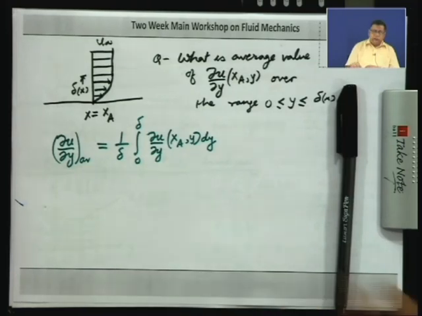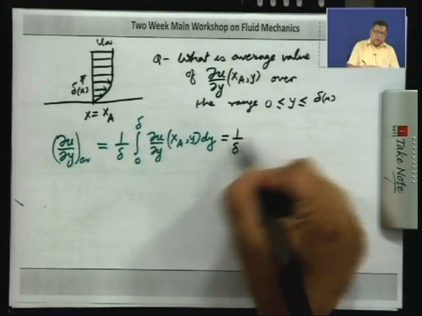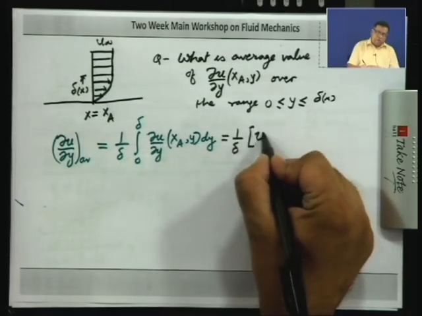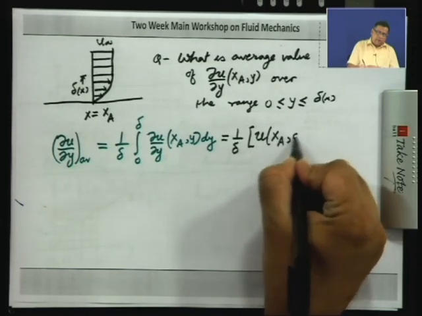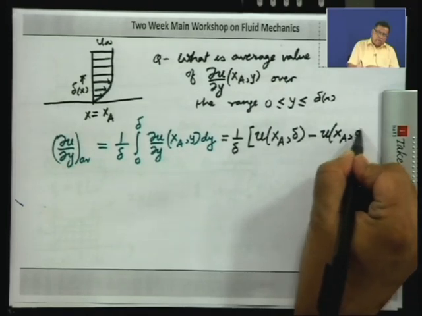Now, this is easily integrated, you will get 1 upon delta. So, integral of del u del y is u, and then you have to plug in the limits. So, you get u of x a comma delta minus u of x a comma 0.